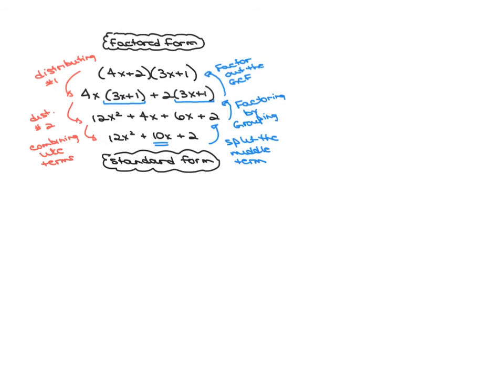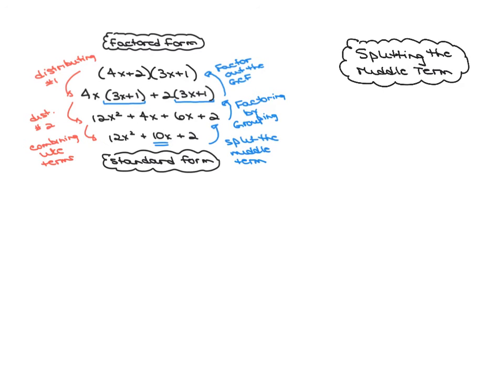Let's look a little bit more closely at splitting the middle term. And we're going to find this is really similar to what we were doing when we were factoring the simpler quadratic where a is equal to 1. So let's generalize. I've got this quadratic, ax squared plus bx plus c.